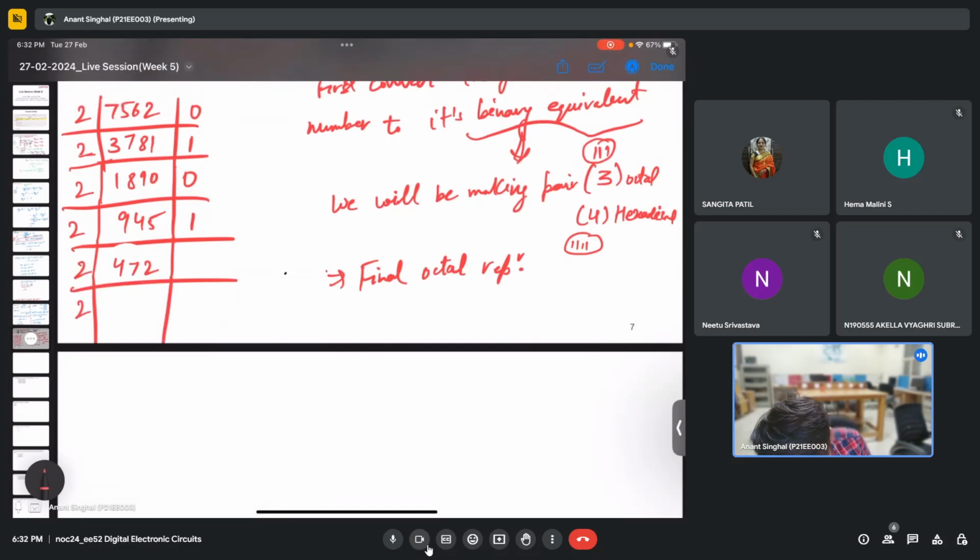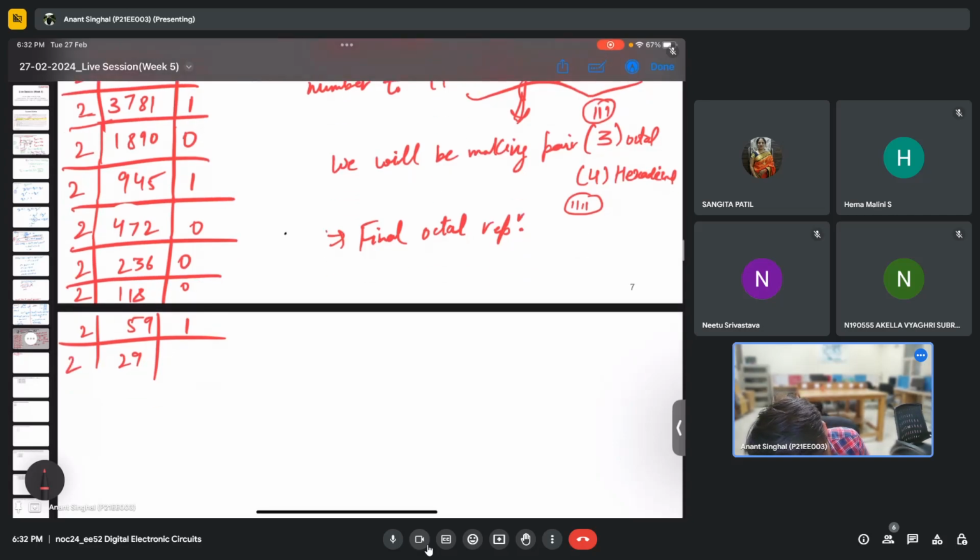Again, I'll be doing the same. I guess I'll be getting 236, so 0 remainder. Then 118, 0 remainder. 59, 0 remainder. 29, so it will be 1. Please correct me if I'm doing wrong somewhere.